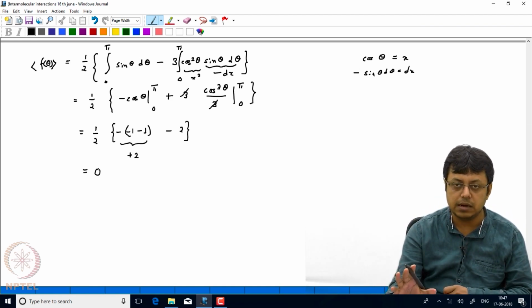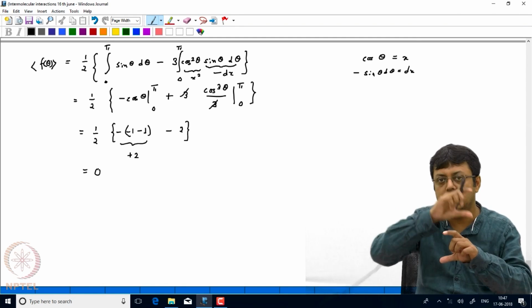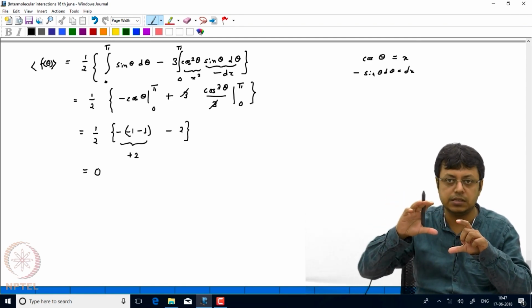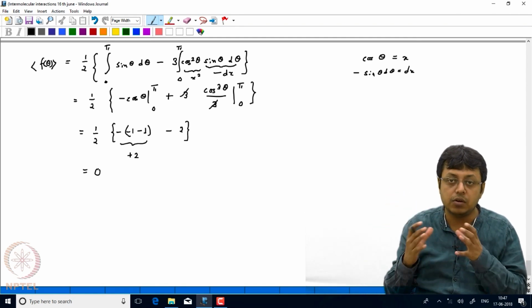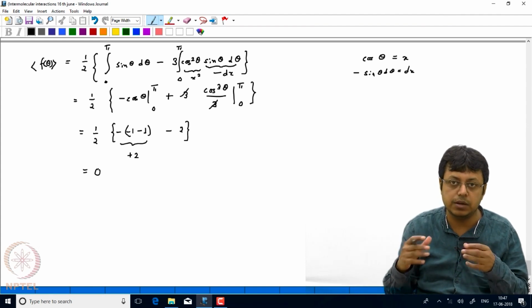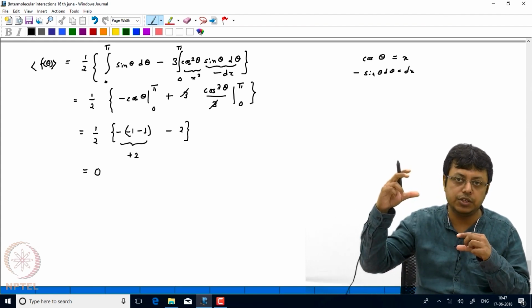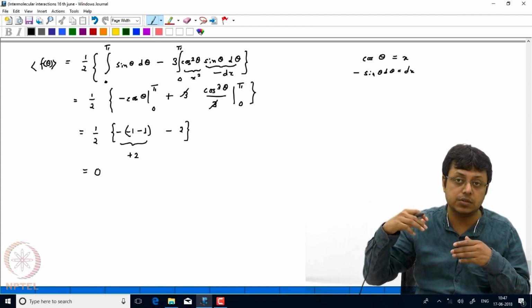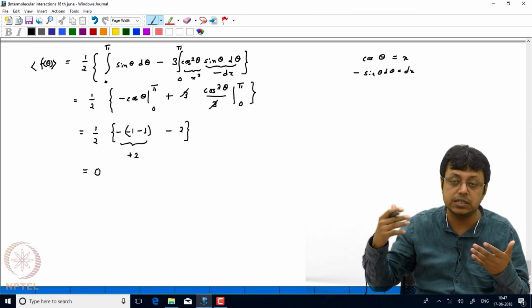Now what we see here is that if these two dipoles orient randomly, of course the orientation average is 0, but then we have not considered the dependence of the energy on this orientation, because a particular orientation may be favored, because there is an interaction potential which is changing.